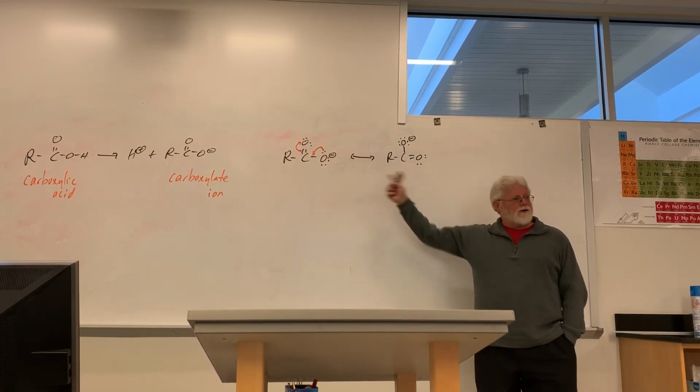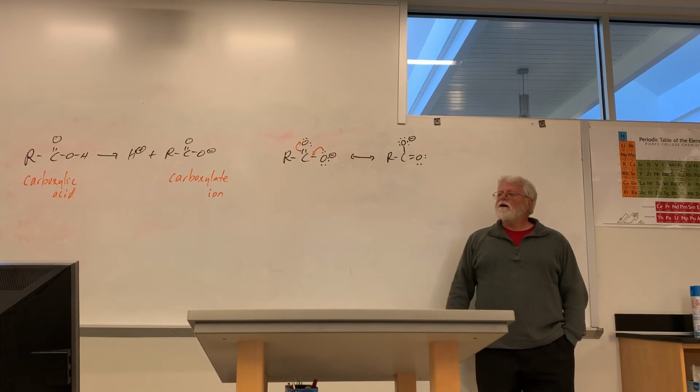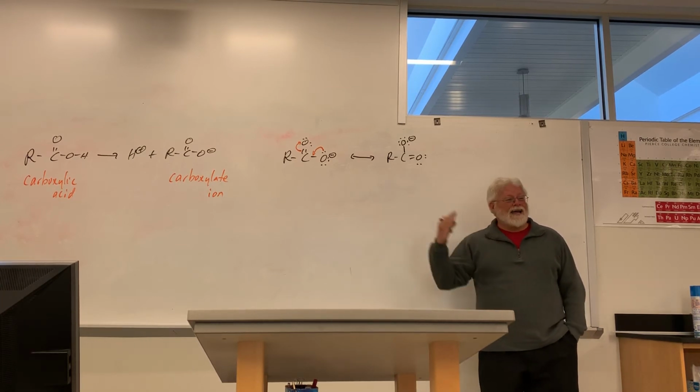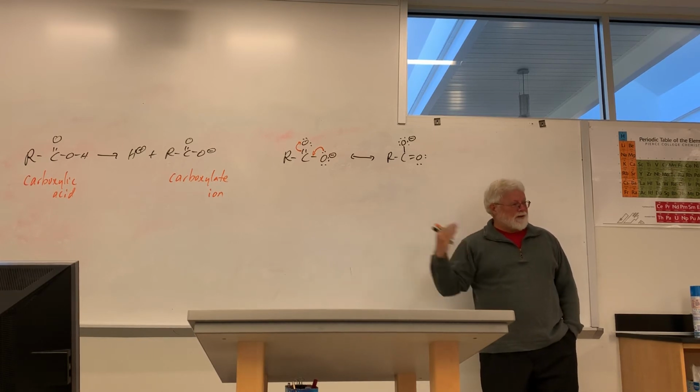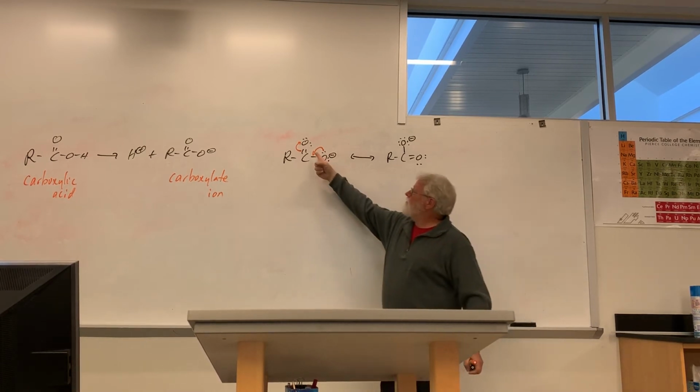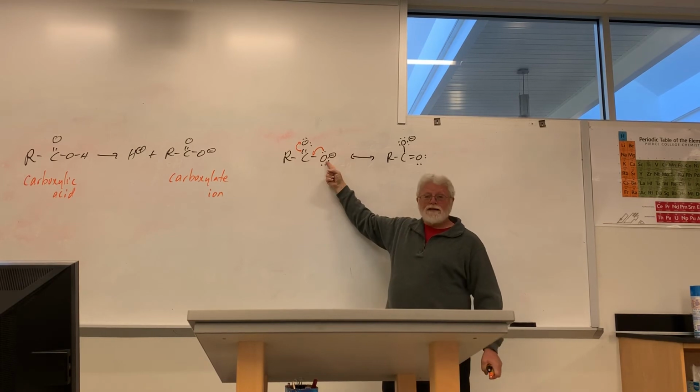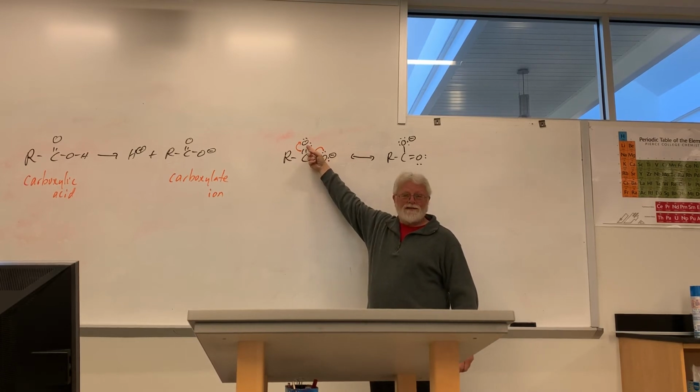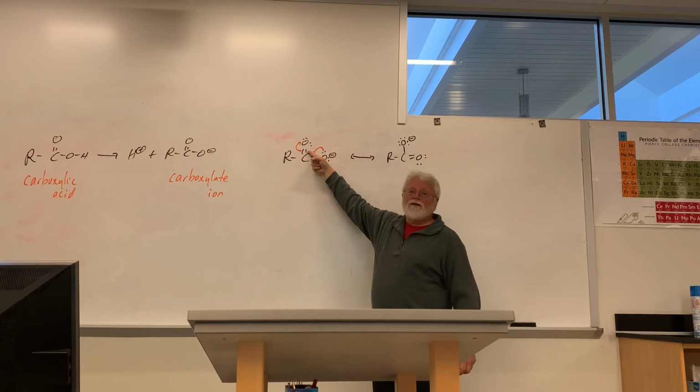Which of these is the real carboxylate anion? Neither. What is the real carboxylate anion? A hybrid of these two, something intermediate between them. So what is the charge on this oxygen? -1/2. What is the charge on this oxygen? -1/2. What is this bond, single or double?